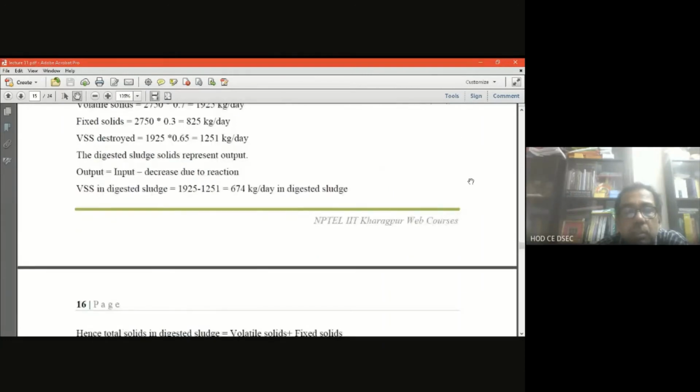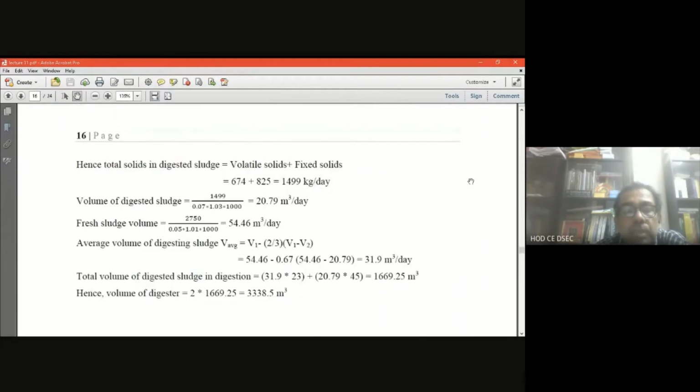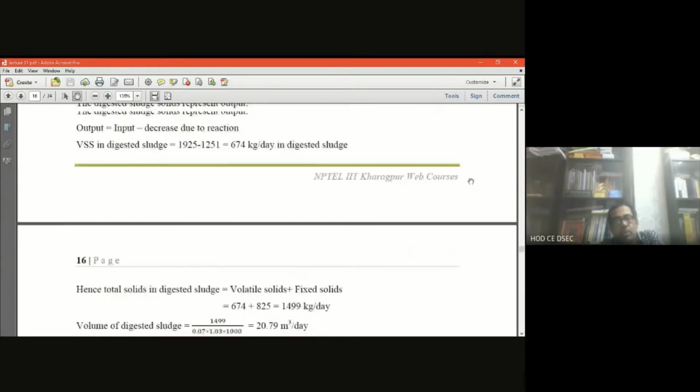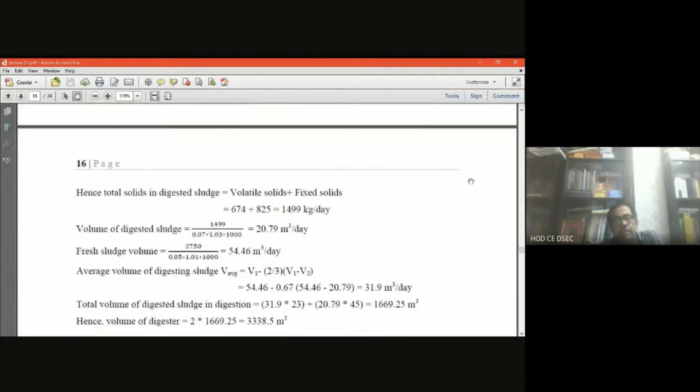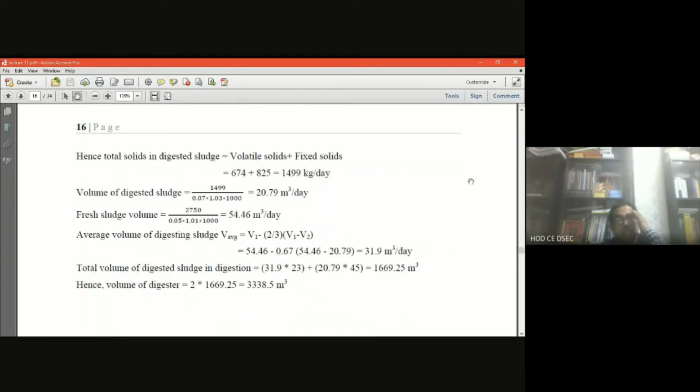So you multiply 23 into 31.9, the average volume of digesting sludge. Again I am repeating, my dear students, that after finding out the average volume of digesting sludge, if we multiply it by the days of storage of the sludge, then we will get one portion of the volume.